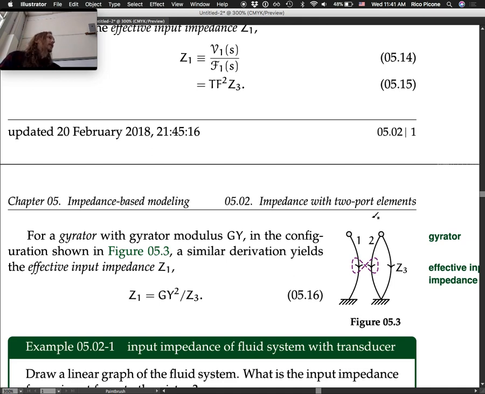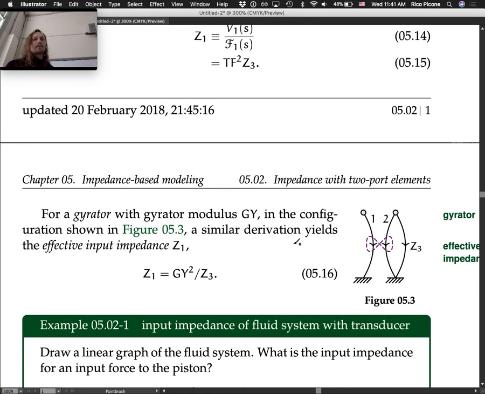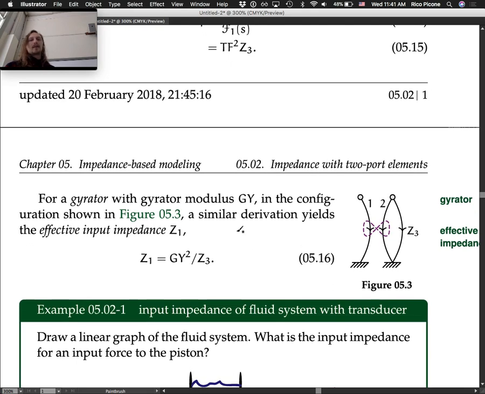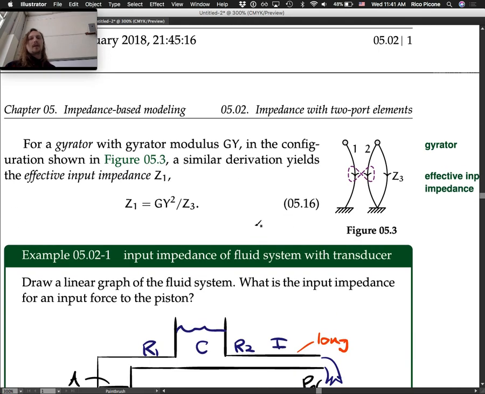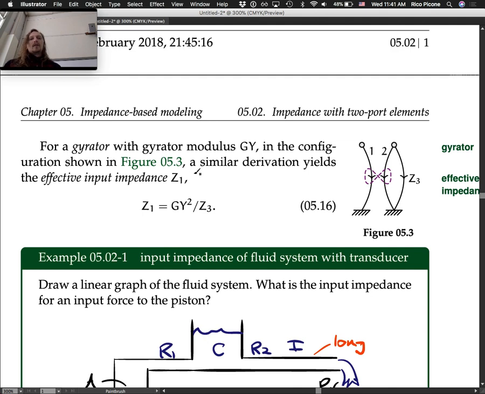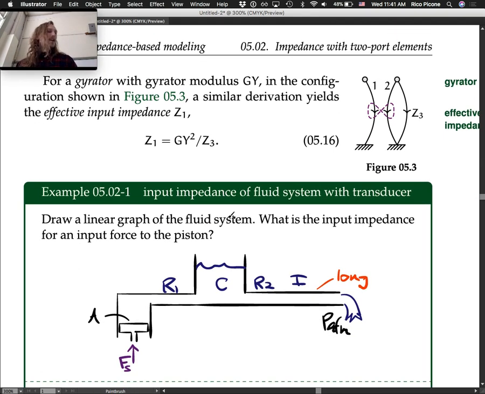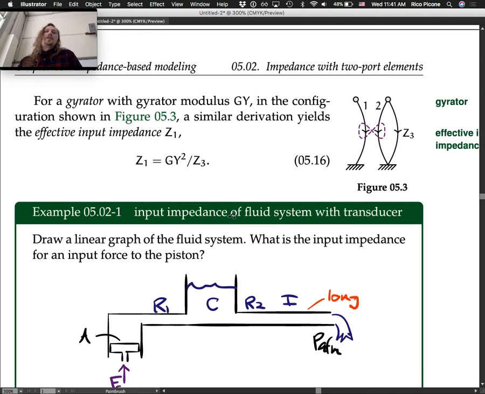It's another constant, right? In this configuration, a similar derivation yields the effective input impedance, Z1, to be the gyrator ratio squared divided by Z3. So it's similar, but there's an inverse in there. Those are our 2 derivations.